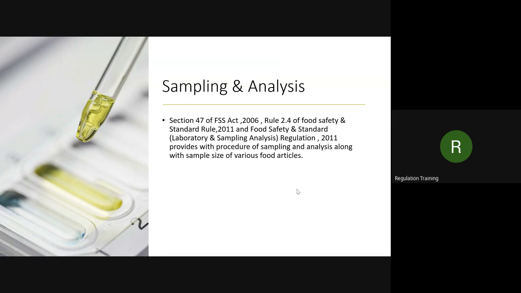So it means regarding sampling and analysis, you will find it in three different documents. First is in the Act. To support the Act, it is in the regulations, and also it is in the rules. Okay. So I have tried to merge all three parts in a single slide so that you should not be confused.